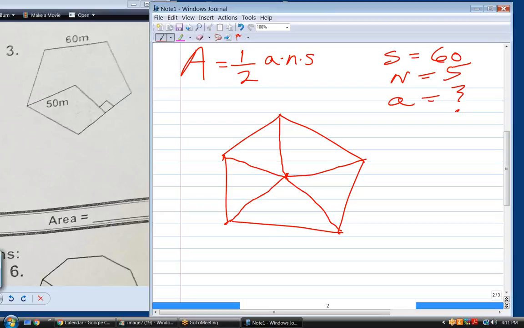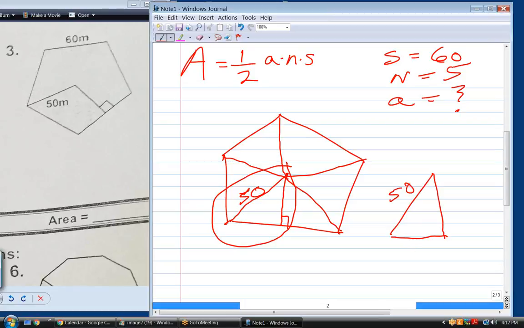Now, the measurement that we know is 50, right? But that doesn't help us with this formula because the radius is not one of these A, N, or S. So let's draw an apothem. This is my right angle. And now let's analyze that little triangle. I'm going to draw it separately out here. That's 50.